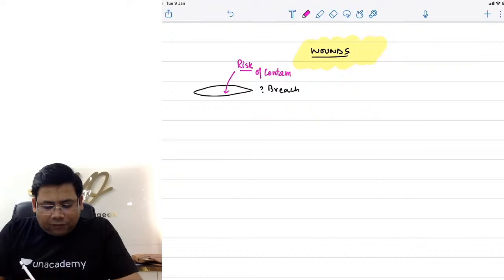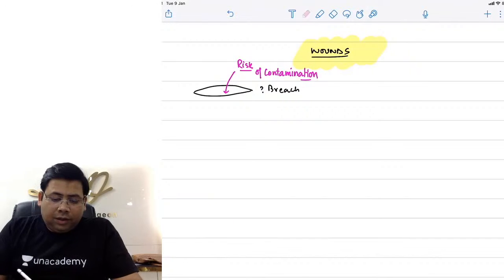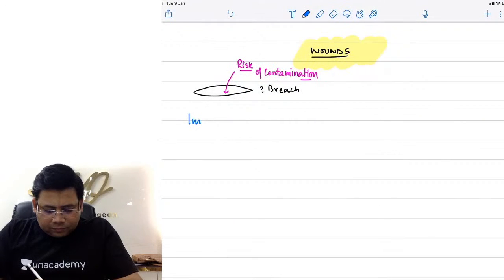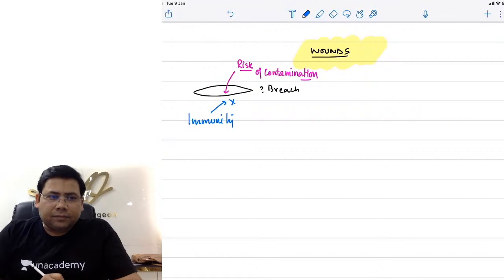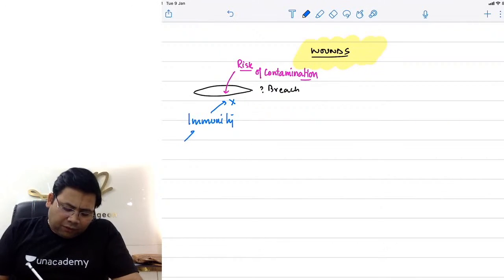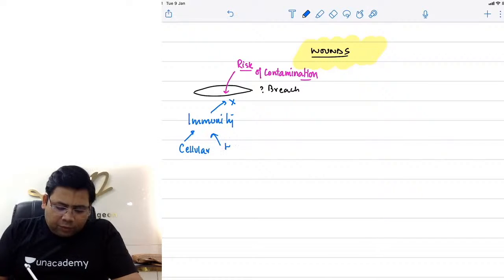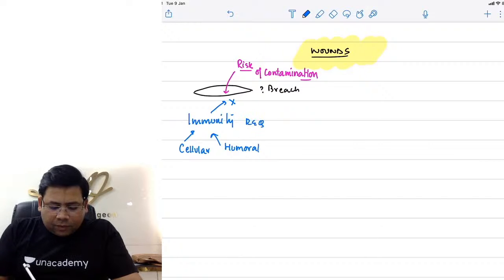Now you all have to understand, when we talk about contamination, it is the immunity which will actually prevent the contamination. But this immunity of any kind, be it cellular or be it humoral, it requires minimum 4 hours for activation.